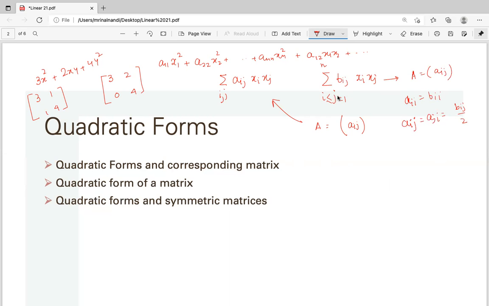Remember, here we take just bij, i less than j. And if your form is cij xi xj, with i and j from 1 to n, in that case the corresponding matrix is A, with aii equal to cii, and aij equal to aji equal to cij plus cji by 2.